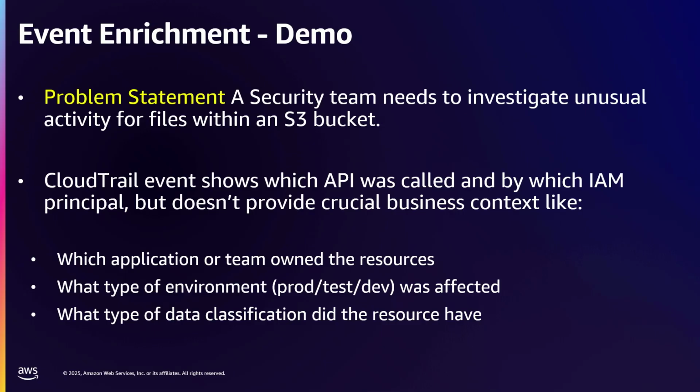And the problem statement for this demo is if you're a security team, for example, that needs to investigate unusual activity for files within an S3 bucket, maybe those S3 buckets are tagged with a certain set of tags such as, is this data classification sensitive, or is this a production environment, or is this a staging environment, et cetera, and allows you to just focus on those sensitive buckets and identify what actions are being performed by whom, under certain circumstances. So those are the two things that we'll actually do from a demo perspective.